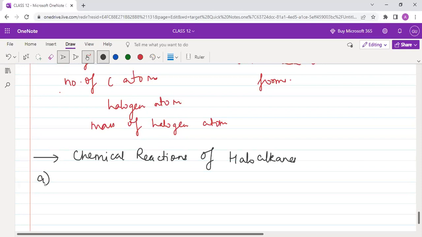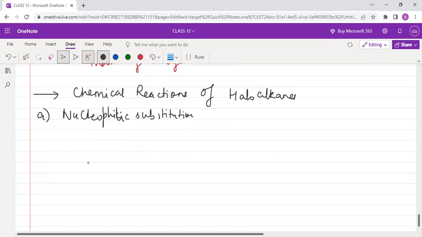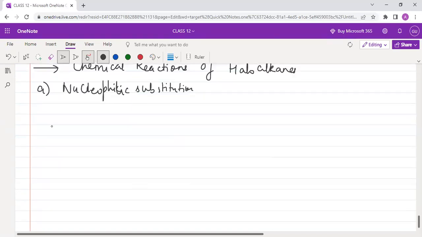And reaction with metals. Yes. So you told correct. First is nucleophilic substitution. Next is elimination reaction. And third is reaction with metals.